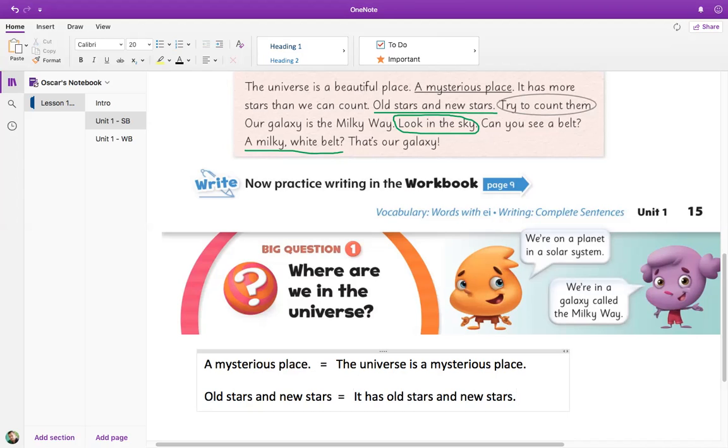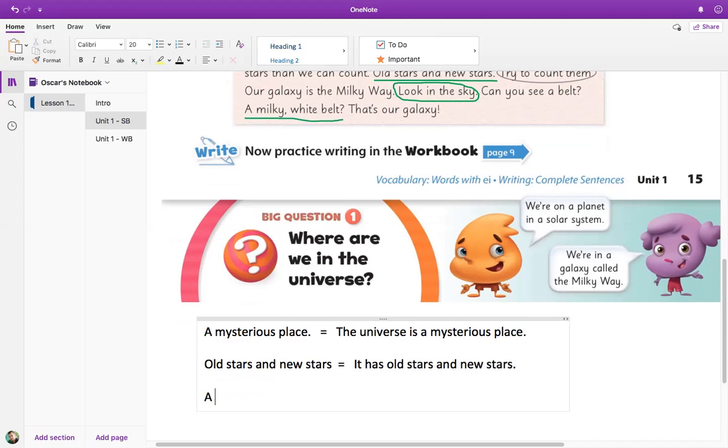Our last incomplete sentence was "a milky white belt." This was actually a question, not a statement. Let's read again the question before it: "Can you see a belt?" So our subject was "you," the verb "can see."